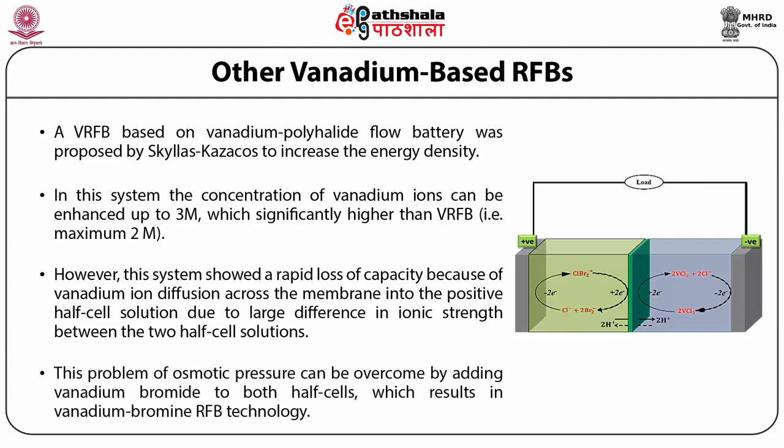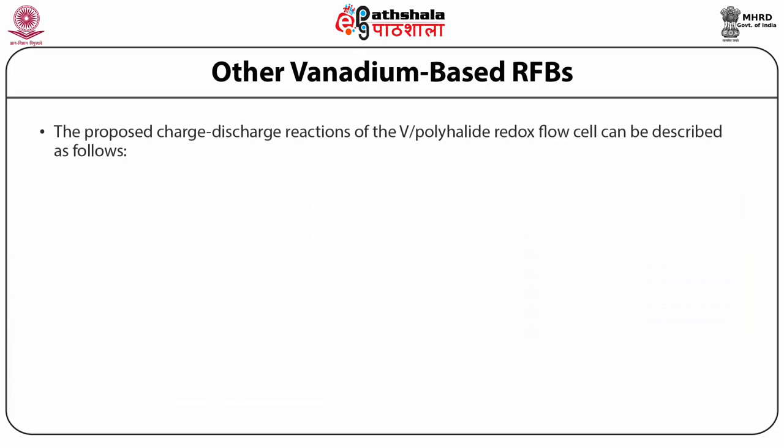This problem of osmotic pressure can be overcome by adding vanadium bromide to both the half cells, which results in vanadium bromine RFB technology as shown in the figure below. The proposed charge-discharge reactions of V polyhalide redox flow cell can be described as follows.